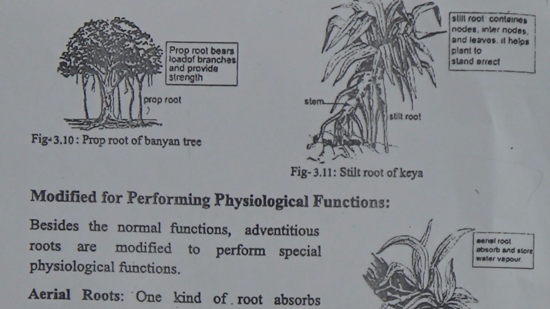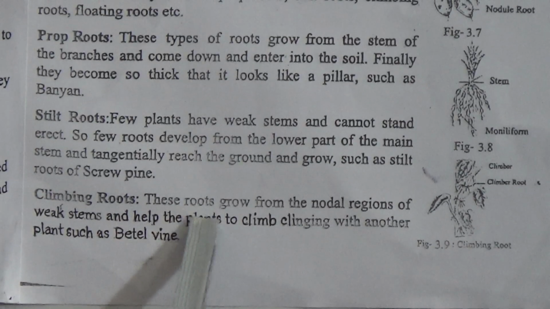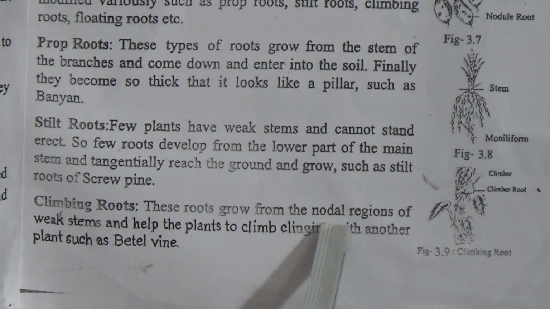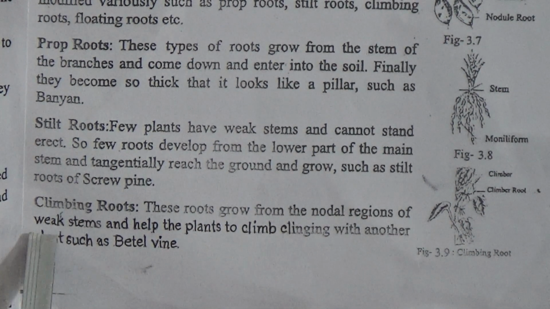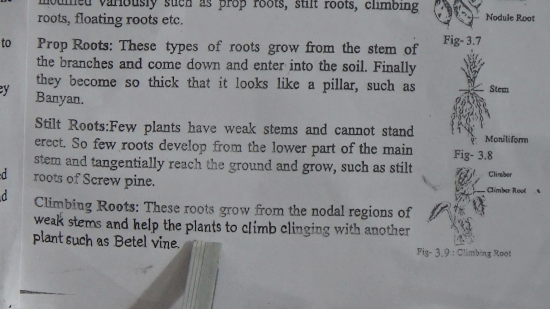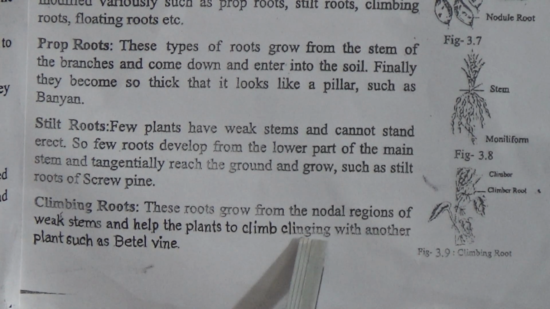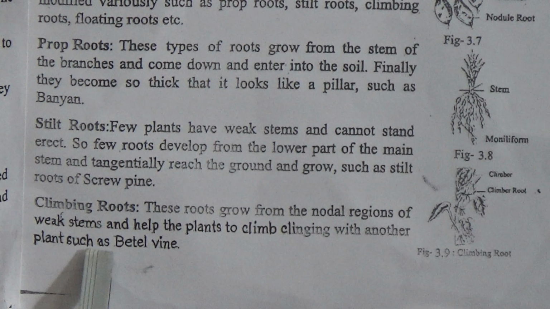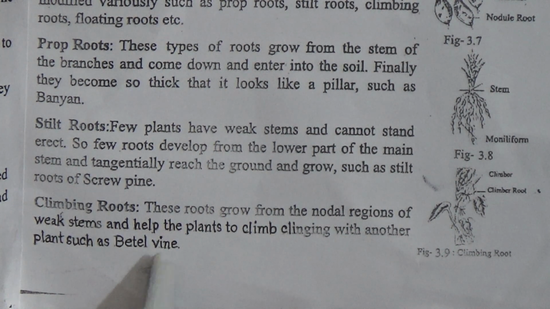Now, climbing roots. Climbing roots, these roots grow from the nodal regions of weak stems and help the plants to climb, clinging with another plant such as betel vine.